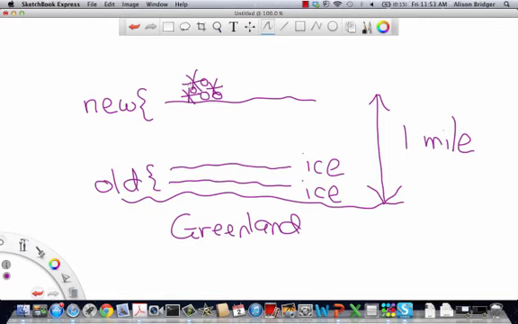And it's possible to drill down to the bottom of the ice and carefully extract these little tiny air bubbles. And when you do that, you get to know the composition of the air at the time that this ice was formed. And between Greenland and the South Pole, Antarctica, we can go back hundreds of thousands of years to know something about the composition of old ice and old air at the same time.